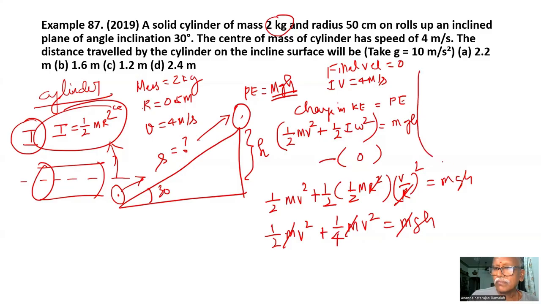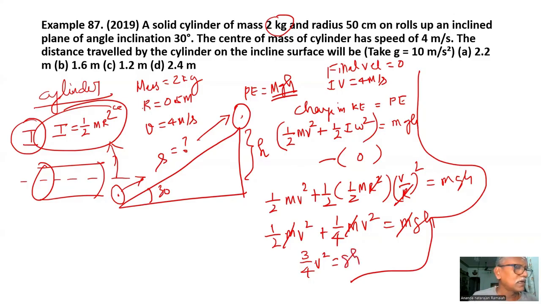Therefore, we are getting 3 by 4 v square equal to gh, or h equal to 3v square divided by 4g.